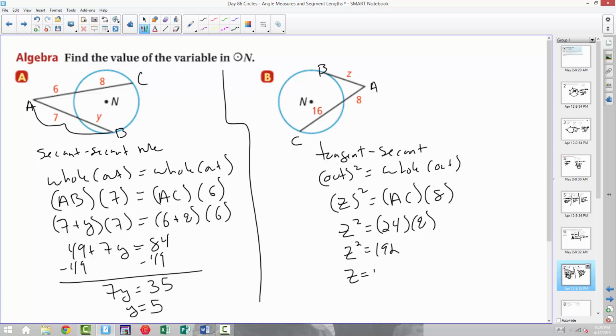So z equals the square root of 192. If I take the square root of 192, I get z is equal to 8 radical 3. If I wanted this rounded to the nearest decimal, it'd be about 13.9.